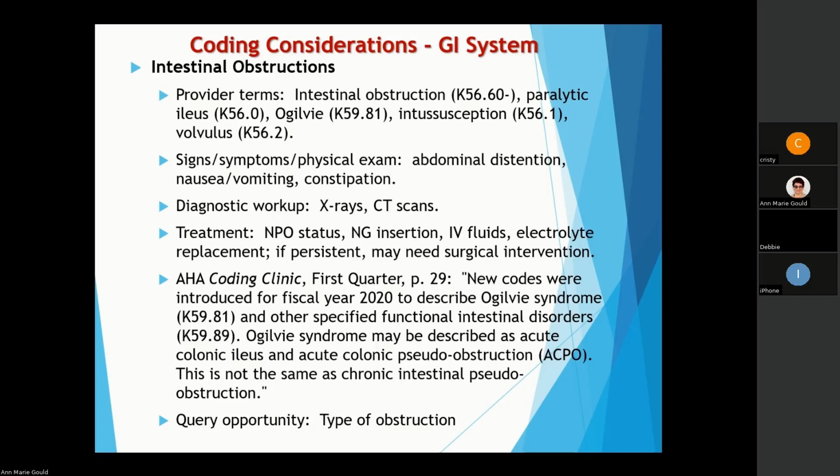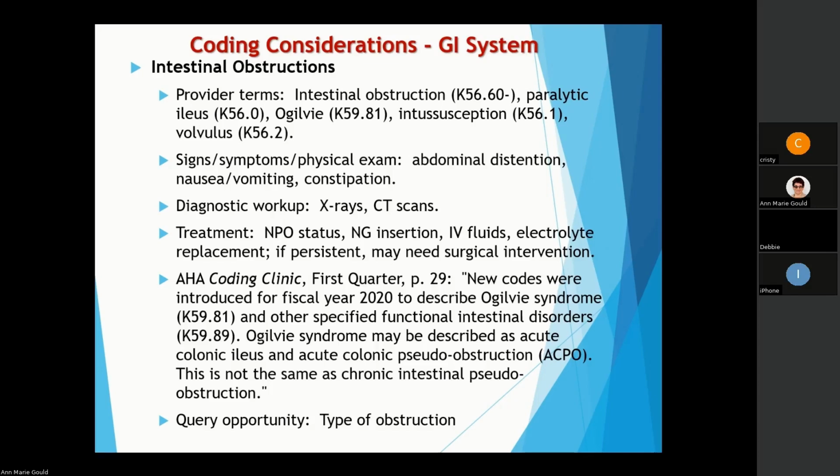When it comes to AHA Coding Clinic first quarter, oh, I didn't put the year on there. My apologies. Oh, 2020, I have it in there. Page 29. New codes were introduced for fiscal year 2020 to describe Ogilvie syndrome and other specified functional intestinal disorders. So Ogilvie syndrome may be described as acute colonic ileus and acute colonic pseudo-obstruction, ACPO.